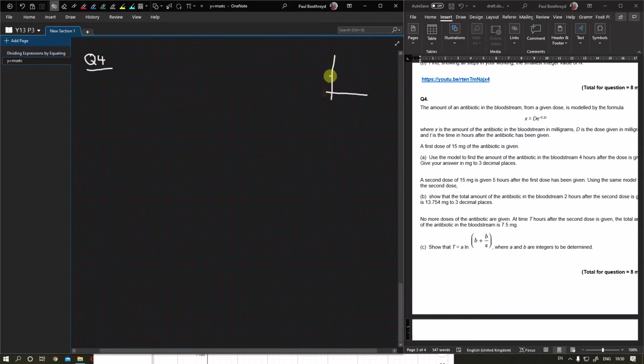Any exponential where y is proportional to a to the power of x can be stretched and moved vertically and horizontally to turn it into a single exponential graph.